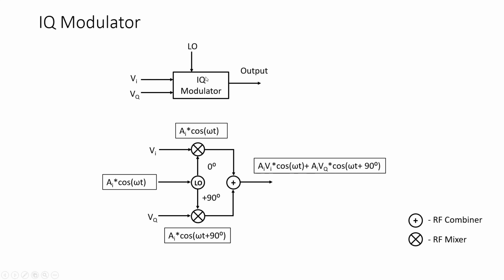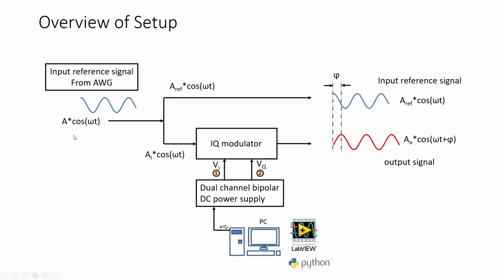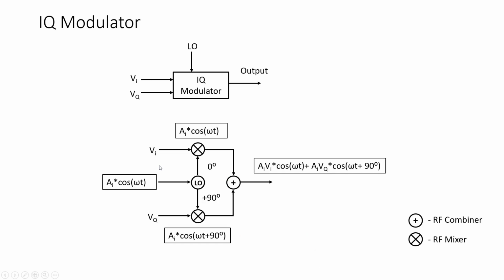This is the block diagram of IQ modulator. It takes in local oscillator LO, VI and VQ as input and produces a resultant output. This is the circuit diagram of IQ modulator. The input waveform AI cos omega t shown in the previous figure comes here as a local oscillator input, and part of it goes as in-phase component to this RF mixer.